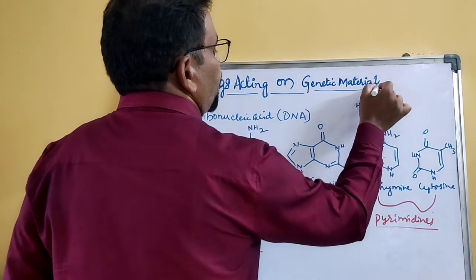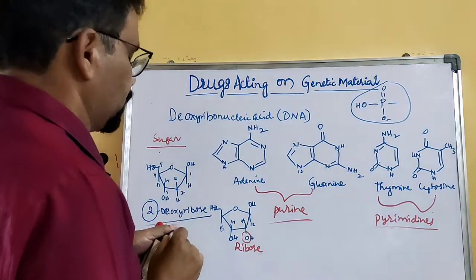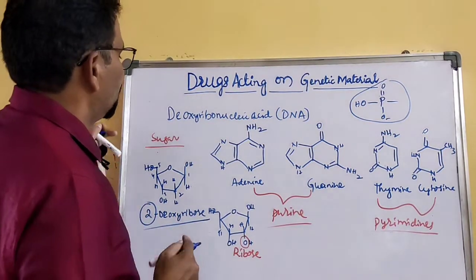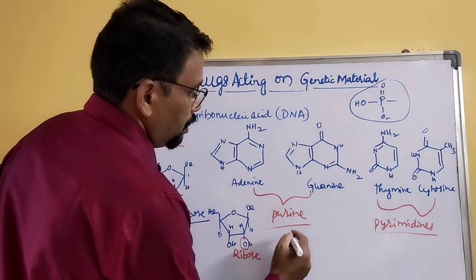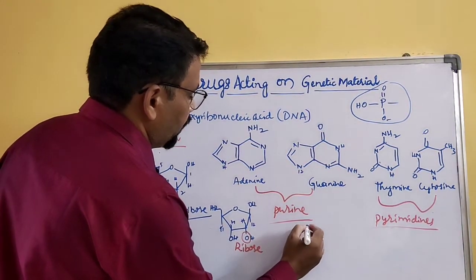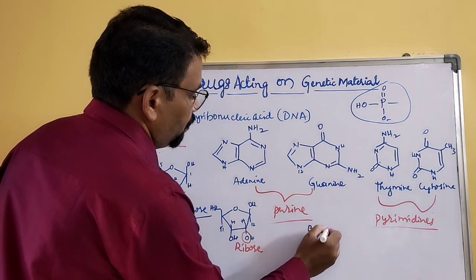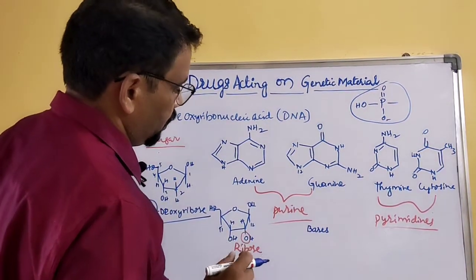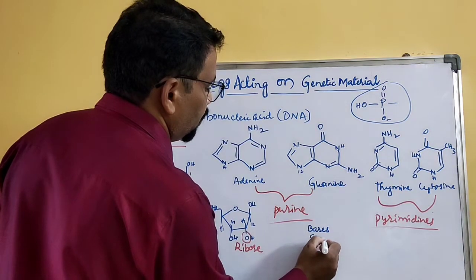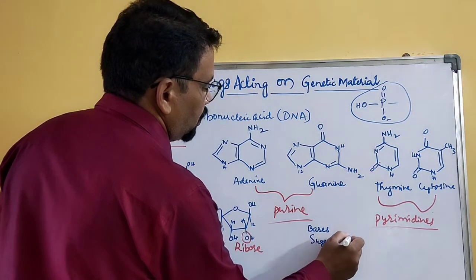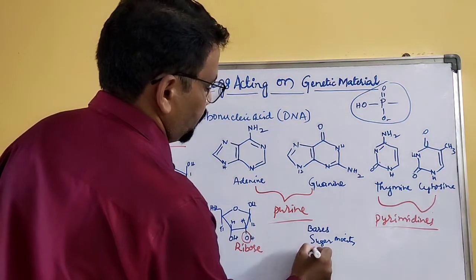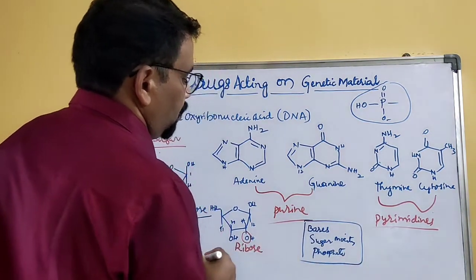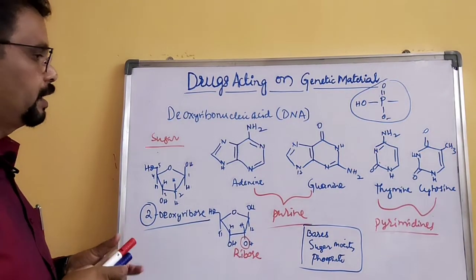This phosphate also exists in DNA and RNA structures. Overall, the chemicals present in DNA and RNA are bases, meaning adenine, guanine, thymine and cytosine, and in RNA, uracil also; the sugar moiety; and phosphate groups.